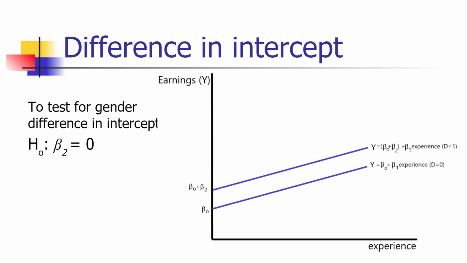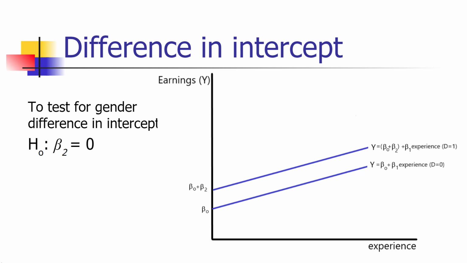The diagram on the right illustrates that sort of relationship. Here, we're assuming that beta 2 is positive, which unfortunately is something that we still tend to observe. In this case, female earnings would be represented by the equation with the intercept of beta 0. The male earnings equation is represented by the equation with the intercept of beta 0 plus beta 2.